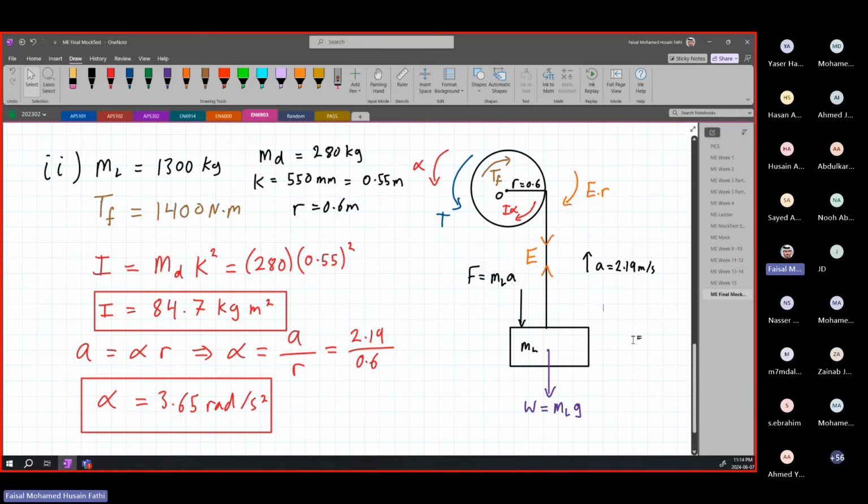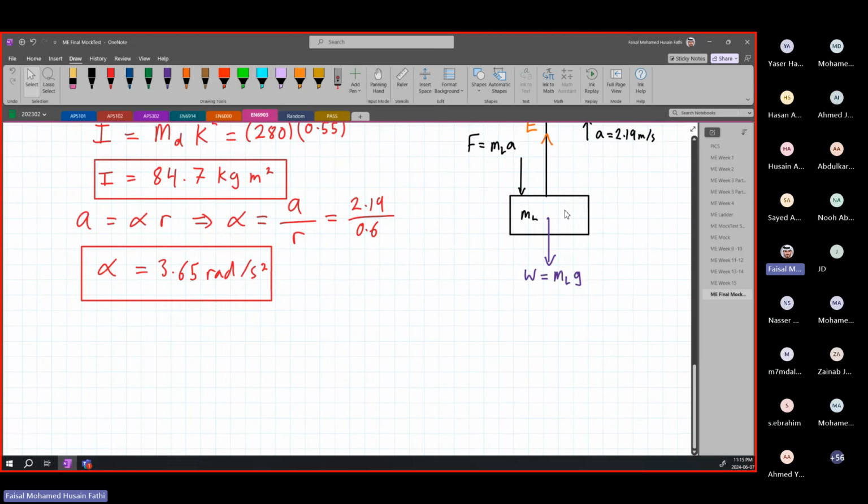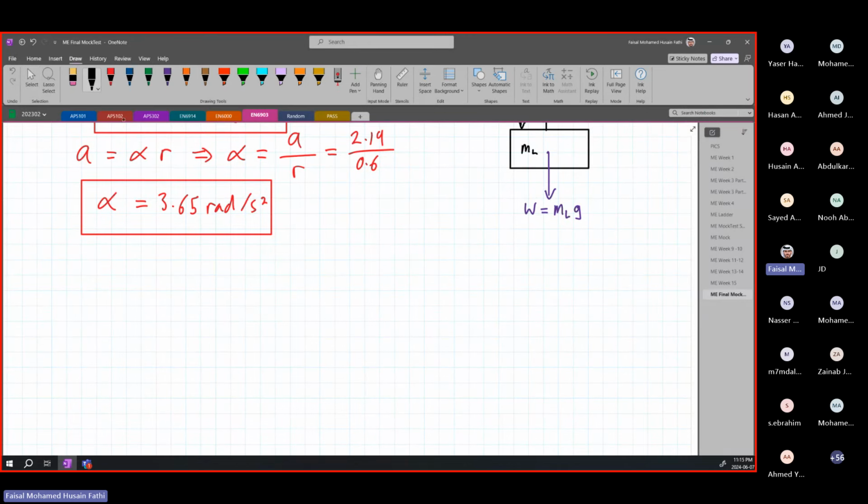Our force E, we're going to have to do our sigma F for the bottom part. So now we are only going to be looking at this part of the drawing, the load.